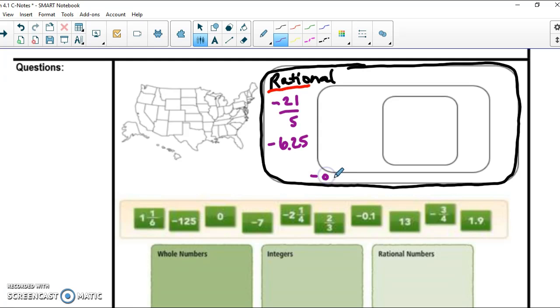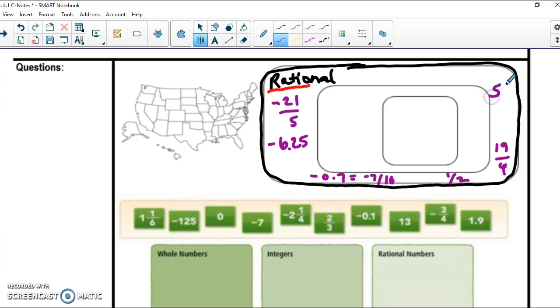In the same way, if I have negative 7 tenths, this is currently written as a decimal, but it could be written as a fraction, so that makes it a rational number. 1/2 would be another example of a rational number. 19 fourths would be another example.